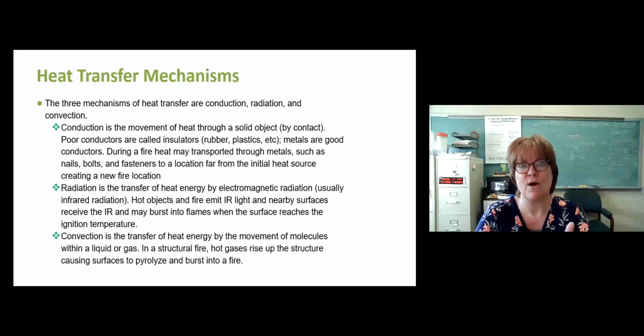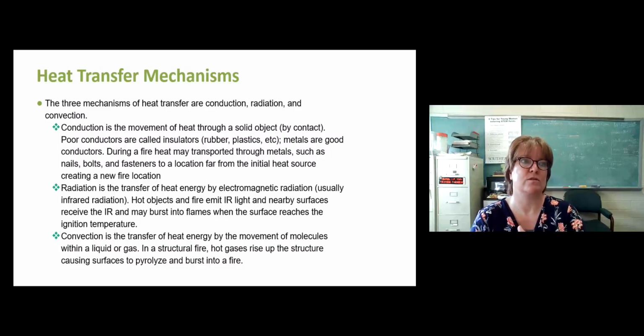So if you have things that are touching each other that are solids, as one hot object is next to another hot object, it can create a heat transfer. And not all objects transfer heat well. So some are good conductors, like metals, right? They transfer heat very nicely. And other ones like rubbers and plastics are not particularly good. They won't tend to transfer the heat.